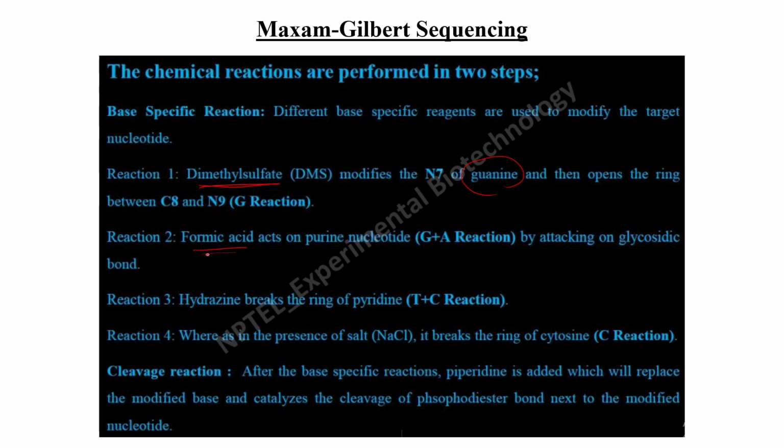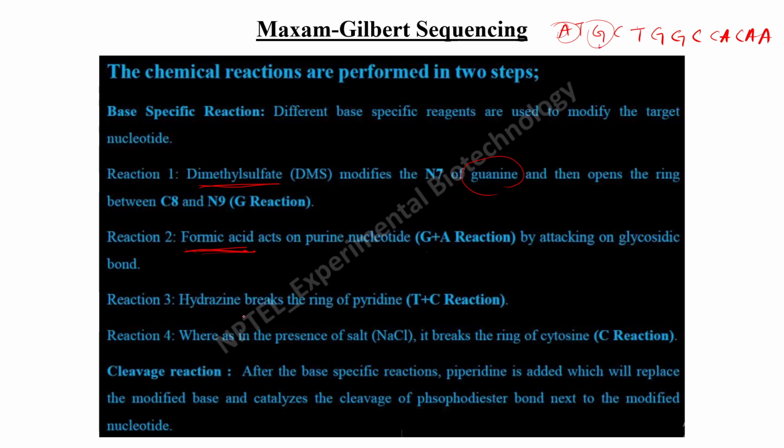So formic acid will act on the purine nucleotides, so it will modify both G and A. So if I have a sequence A, T, G, C, G, G, T, just a random sequence I wrote, wherever adenine or guanine is there, those places will get modified when treated with formic acid. When treated with dimethyl sulfate, only guanine will be modified, not the adenine.